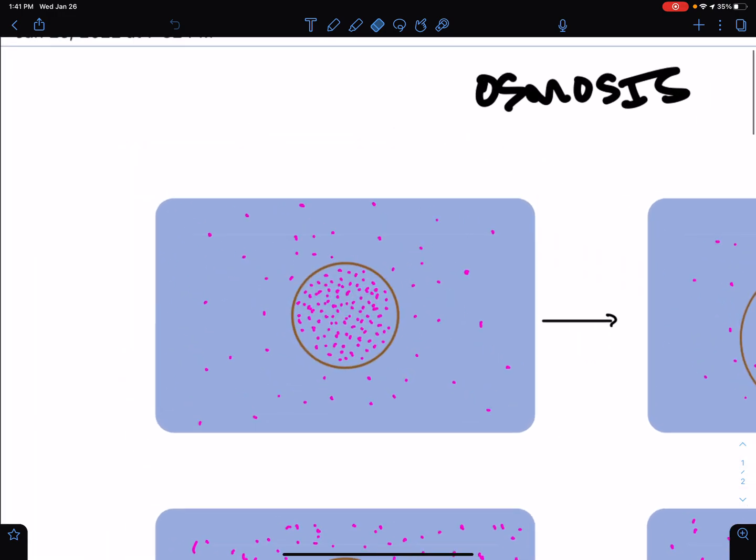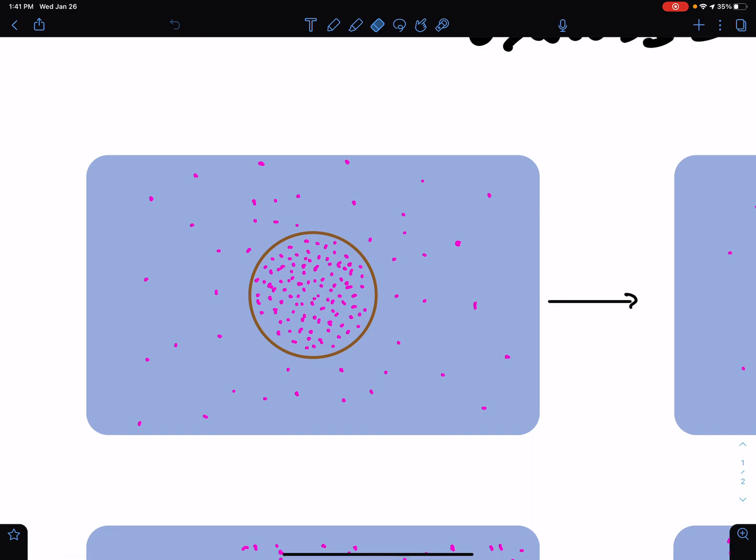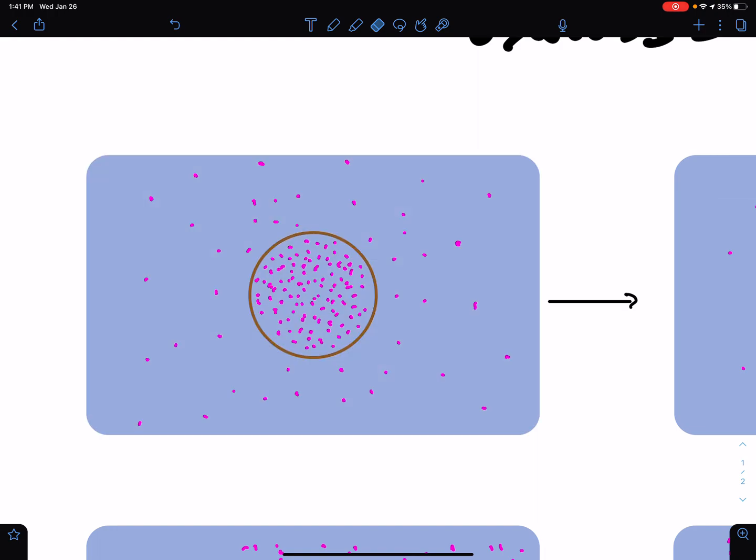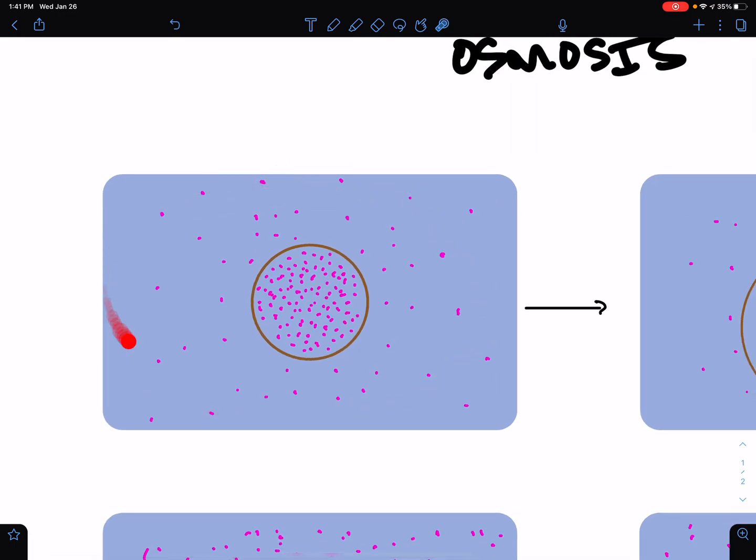Okay, so our first situation, we have a cell that has a higher concentration of salt inside the cell relative to outside the cell. So we have a higher concentration of water outside of the cell.